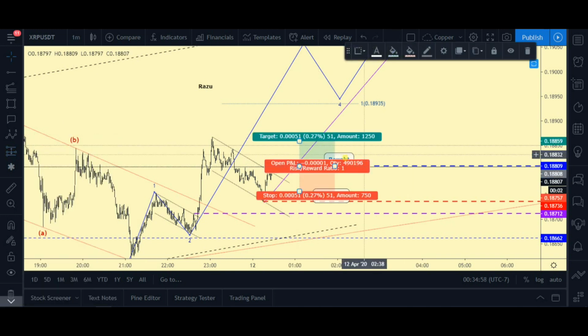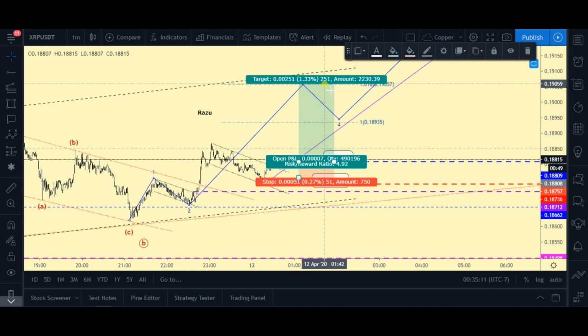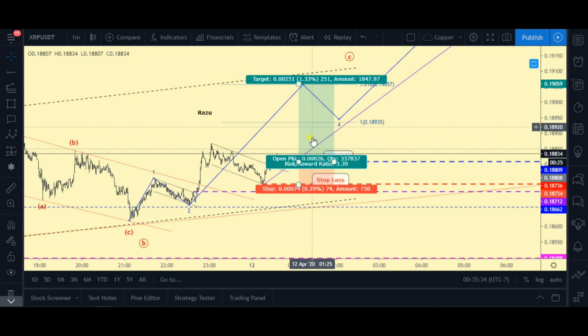So this is my buy, and I would expect this move to go from here to here. So my stop loss would be around here. So that is how much? 1:3.3 ratio. So I'm risking $1 to earn $3.39. So that is pretty fair according to trading plan, and this should be our strategy.